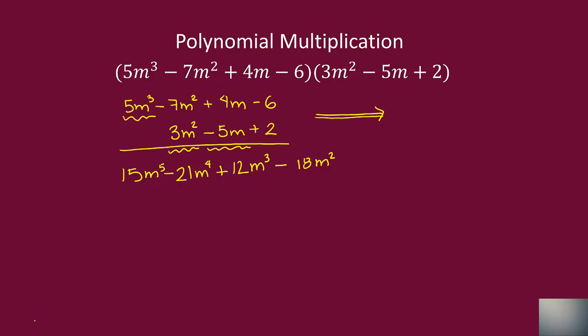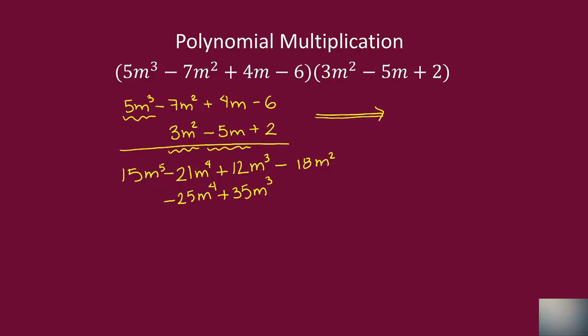Okay, so now I start by multiplying minus 5 times everything. So negative times positive, negative. 5 times 5, 25. M times m third power is m fourth power. Now I continue with the 7m squared. Negative times negative, positive. 5 times 7, 35. M times m second power is m third power.